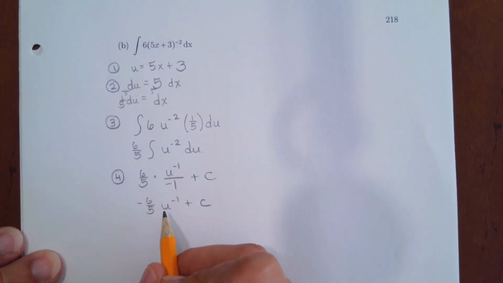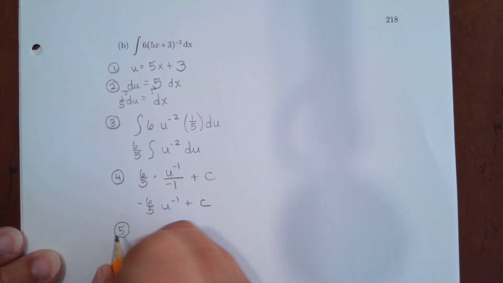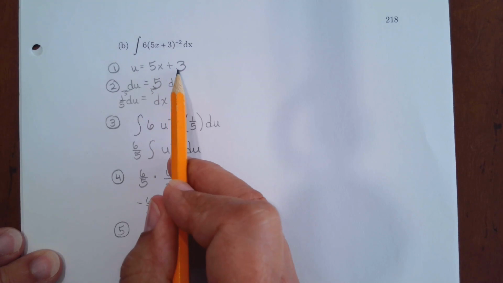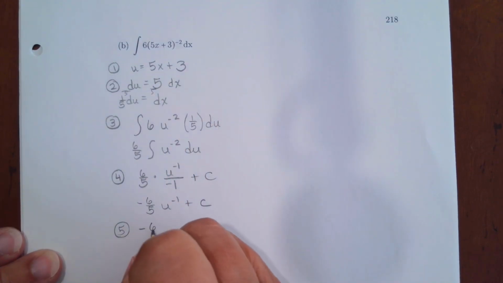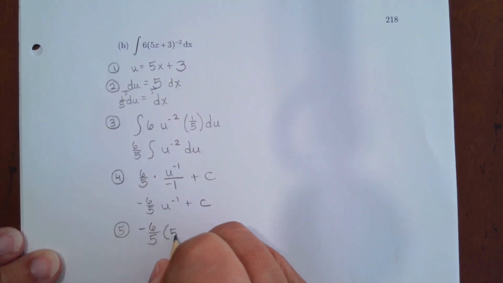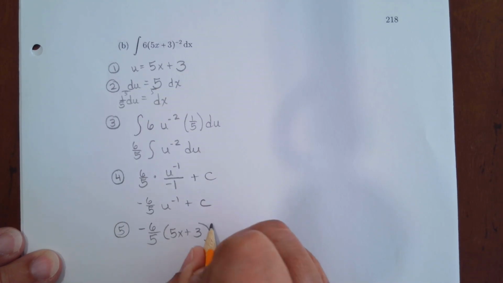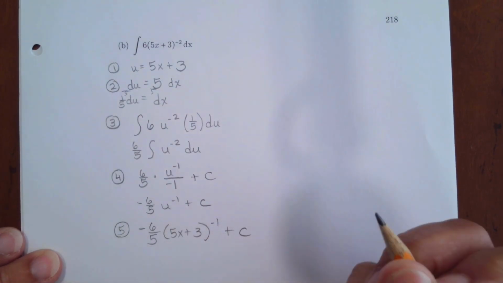I simplified first on this one. Now I'm going to substitute back in step 5, which is putting in 5x plus 3 back for u. So negative 6/5, 5x plus 3 to the negative 1 plus c. So there's your answer.